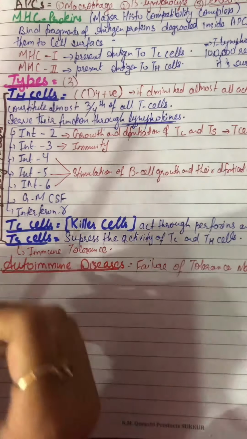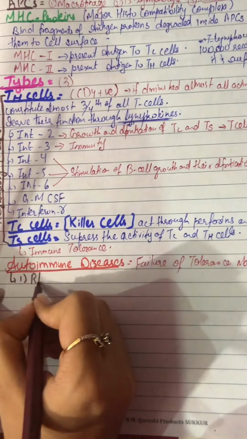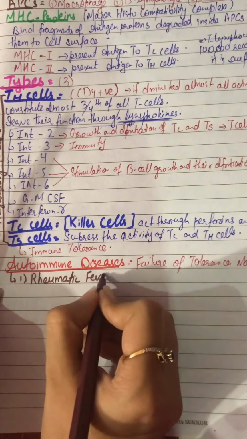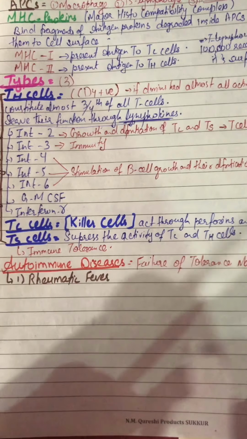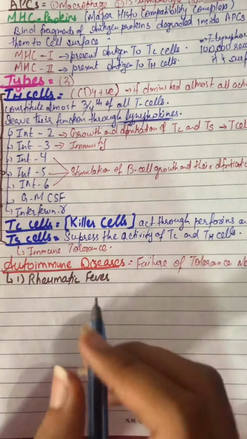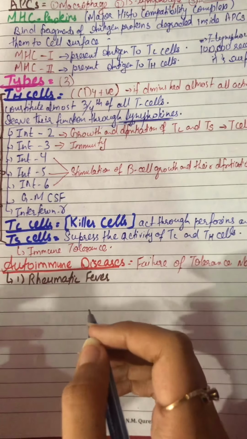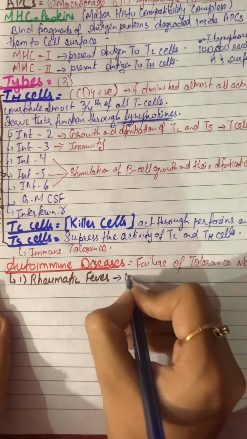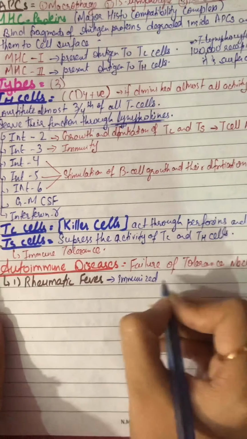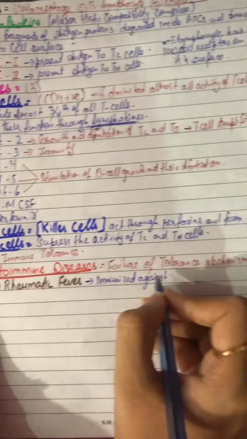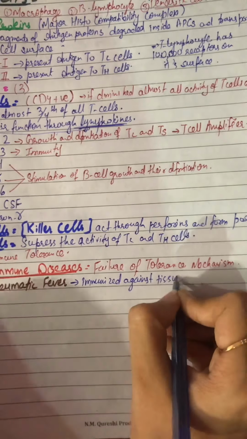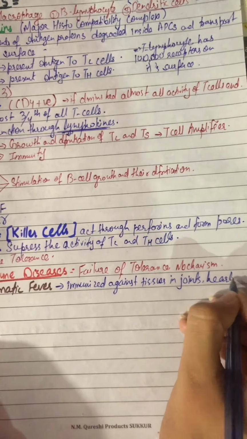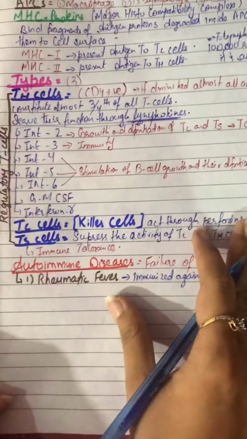The first example is rheumatic fever. In this condition, basically the body becomes immunized against the tissues in the joints and the heart, especially in the heart walls.